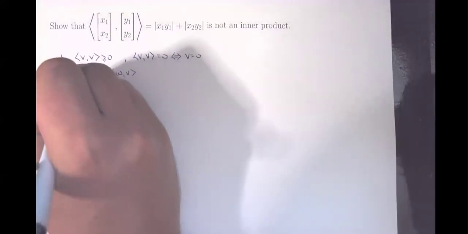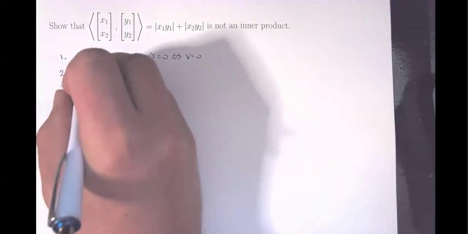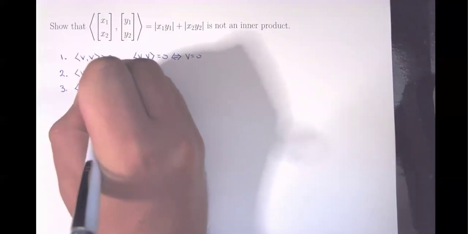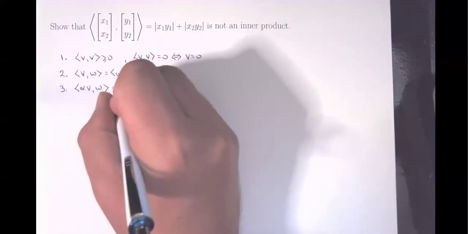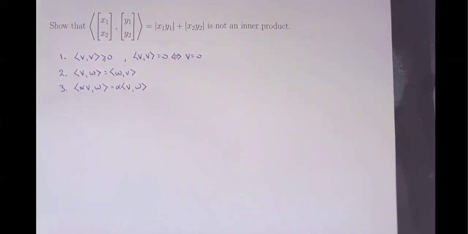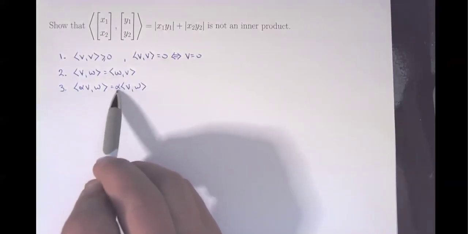So our third property, that the inner product of alpha V and W is equal to alpha times the inner product of V and W. This one might actually be one that's not satisfied, because there's no restriction on alpha.